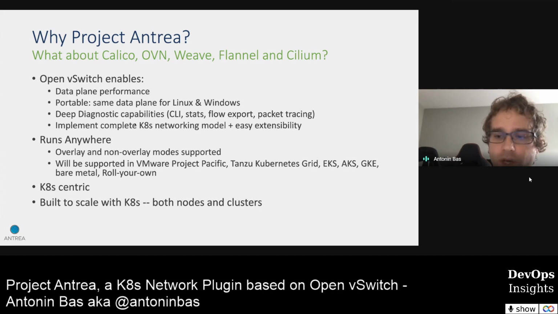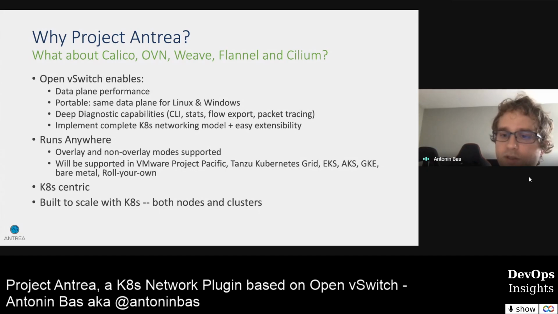Cilium uses eBPF, extended Berkeley Packet Filters, for its data path, which is a recent take on an old technology in the Linux kernel that lets you execute bytecode in the kernel. And eBPF lets you do some pretty advanced, pretty cool stuff. But once again, my point here is that this data path technology, like iptables, is specific to Linux.